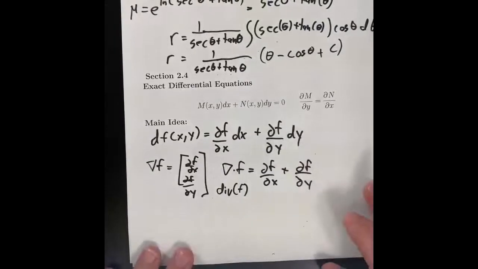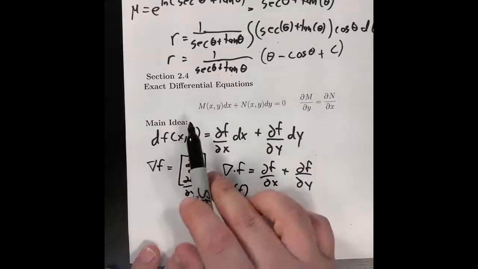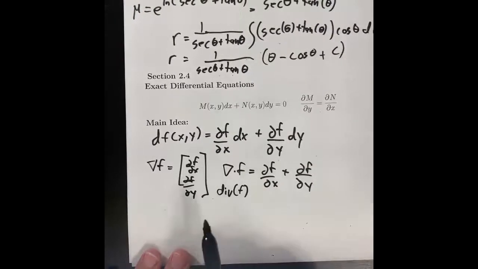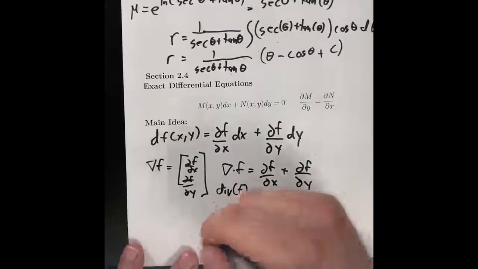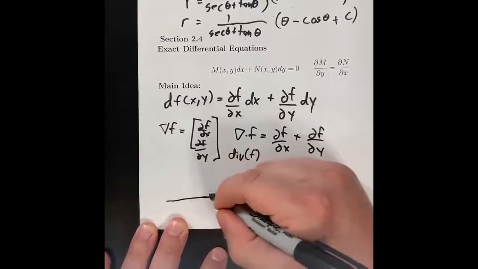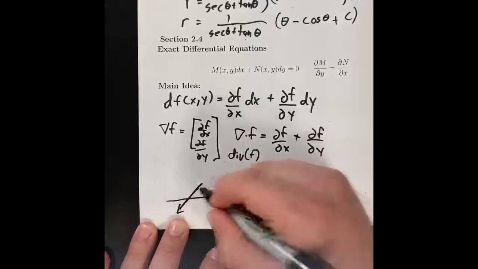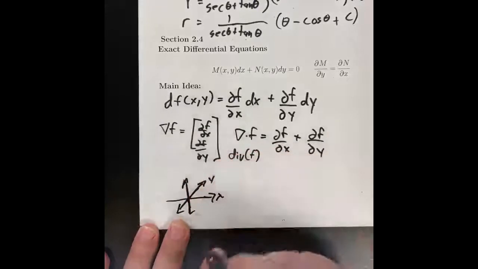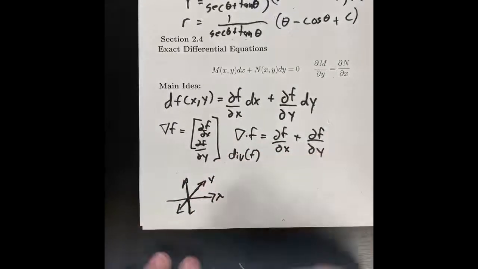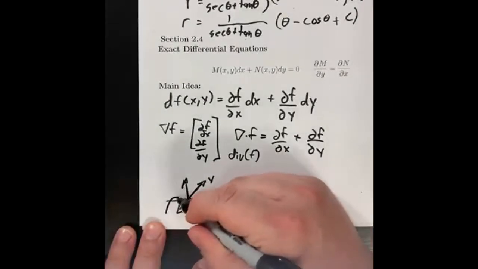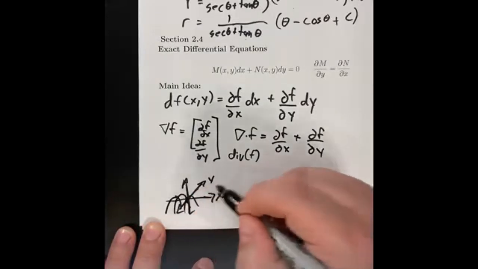Basically, we have this 2D function f, and this differential describes some curve along that 2D surface. Let me draw a rough sketch here. We have x and y axes. f will be in the z direction, so it'll be some surface over the x and y plane, maybe some weird parabola-type surface.